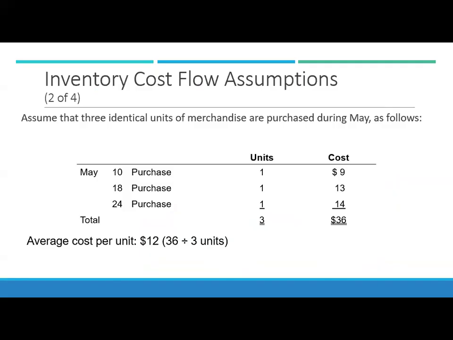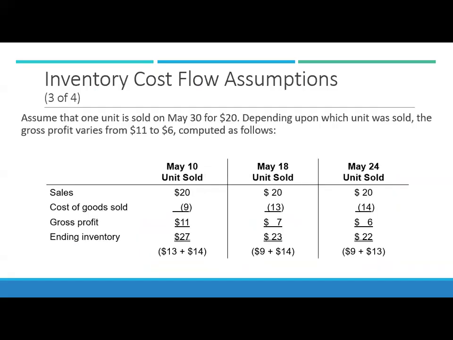For example, there are 3 identical units of merchandise, one purchased at $9, one purchased at $13, and one purchased at $14. Depending on which of these units we choose that are sold, we have a different cost of goods sold, a different gross profit, and a different ending inventory.